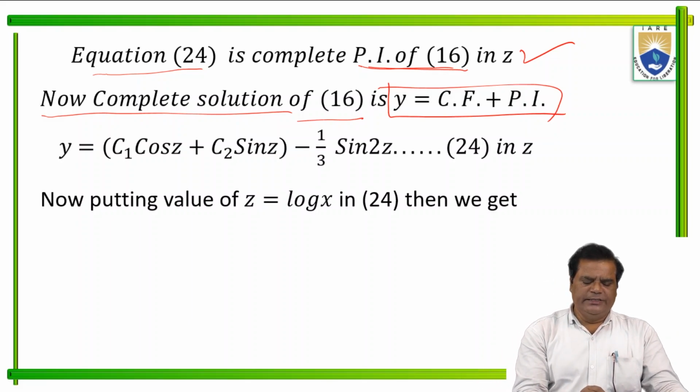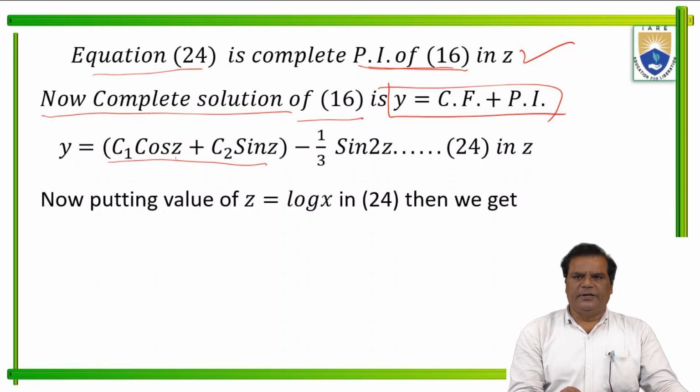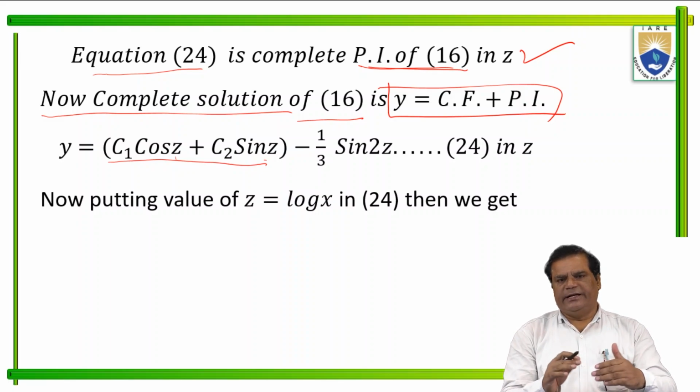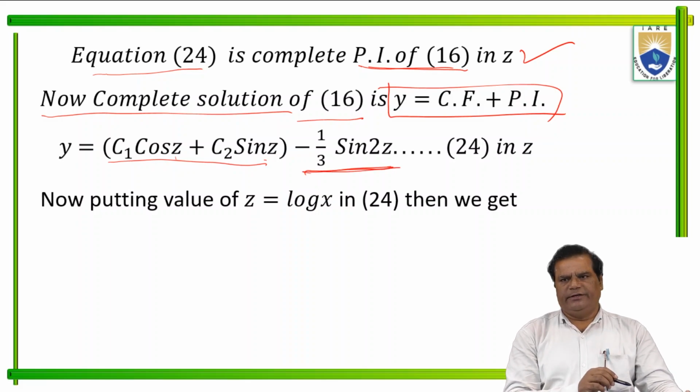So here y equals, this is CF, C1 cos z plus C2 sin z, and minus 1 upon 3 sin 2z. This is equation 24 in z.